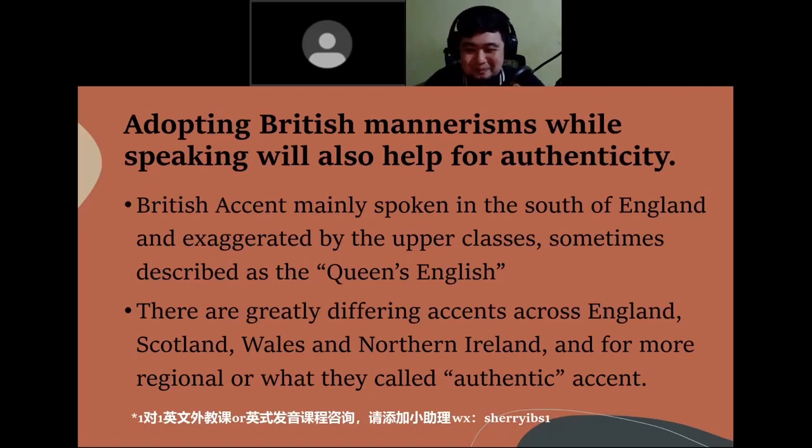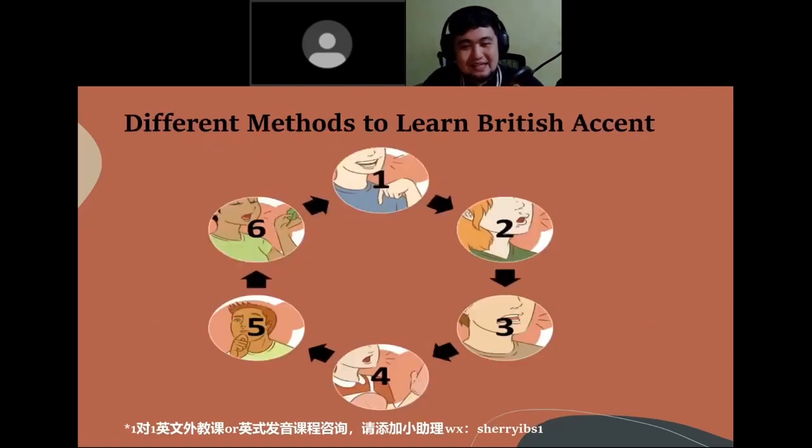Okay, so next, these are the methods. As you see in the diagram, you would encounter this in every slide and every topic that we discuss. There are certain ways and positions of your tongue that would enable you to speak clearly and to retain the Britishness in your accent.